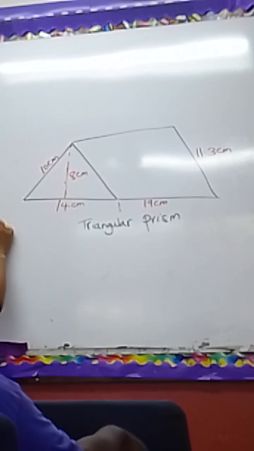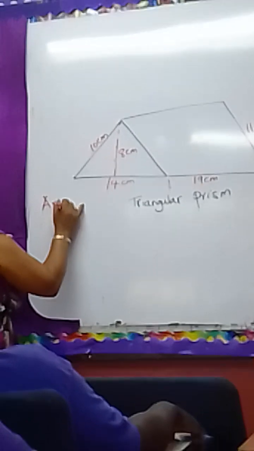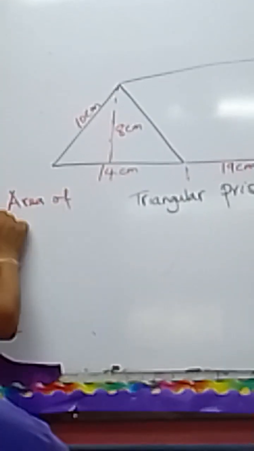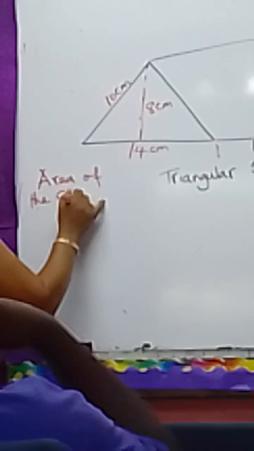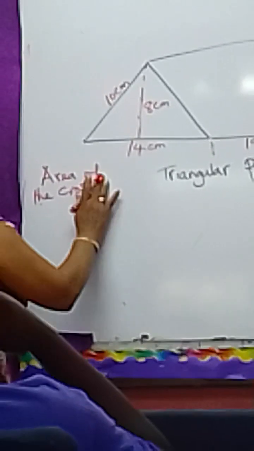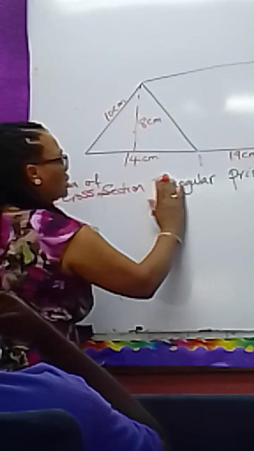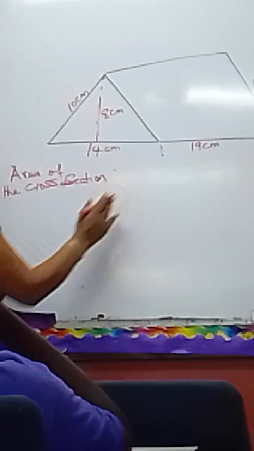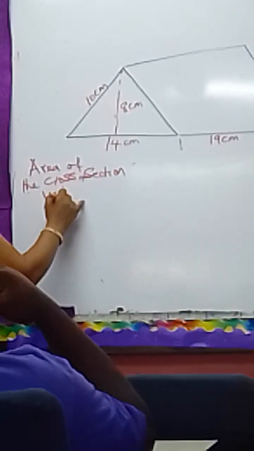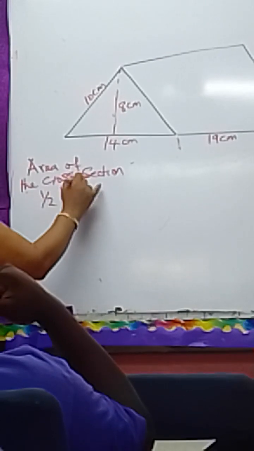So the area of the cross section of this triangular prism is going to be half the base times the height.